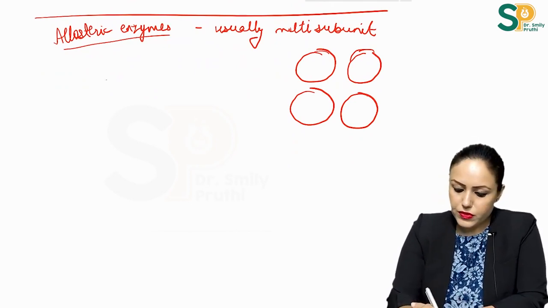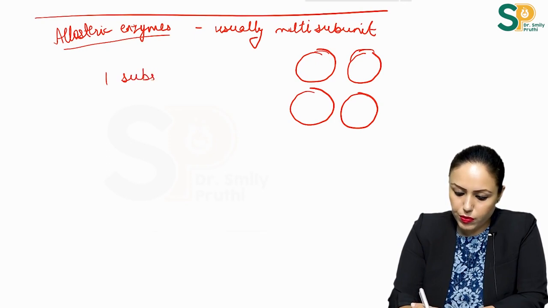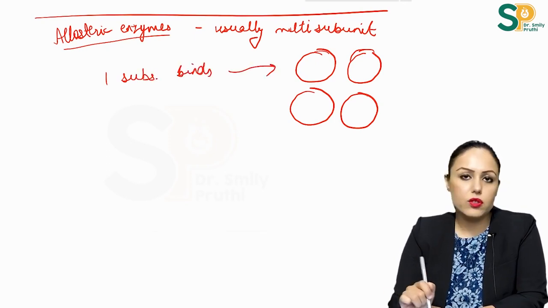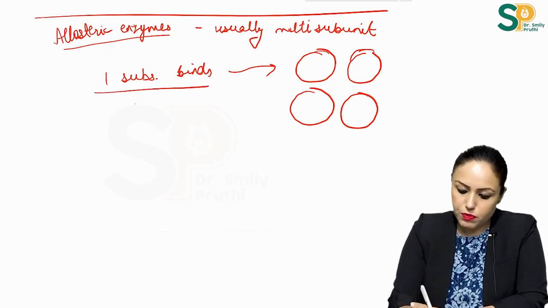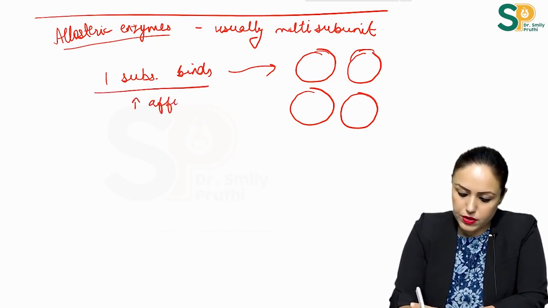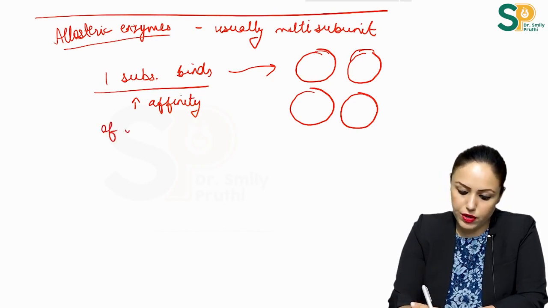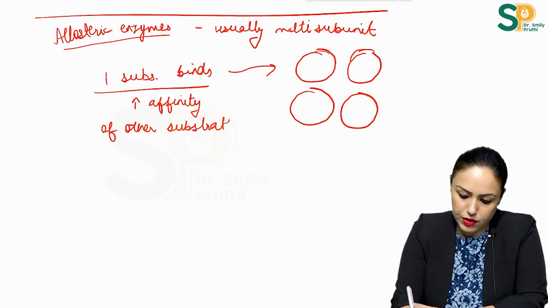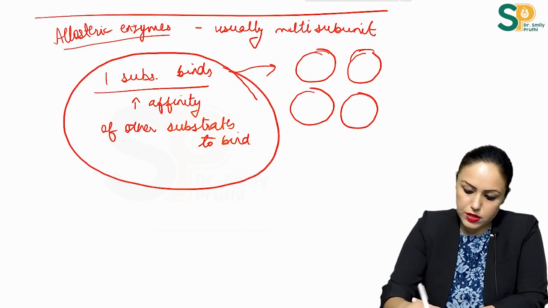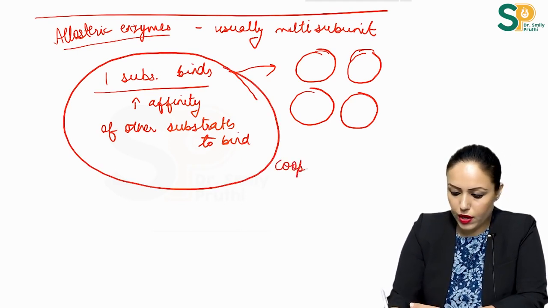Now, when one substrate binds to one subunit, this binding will increase the affinity of other substrates to bind. This property is known as cooperativity.